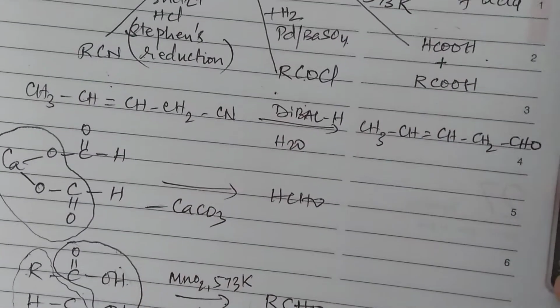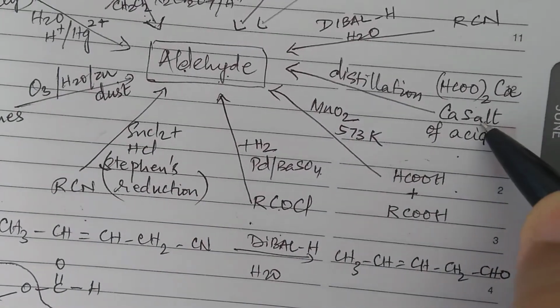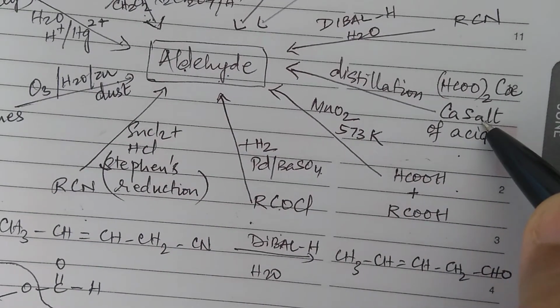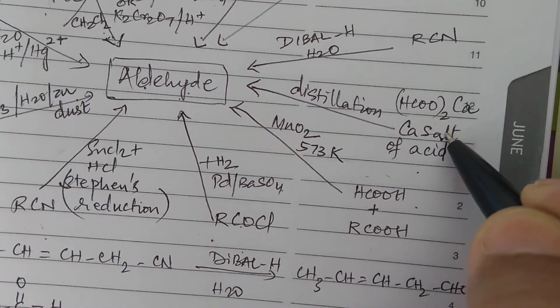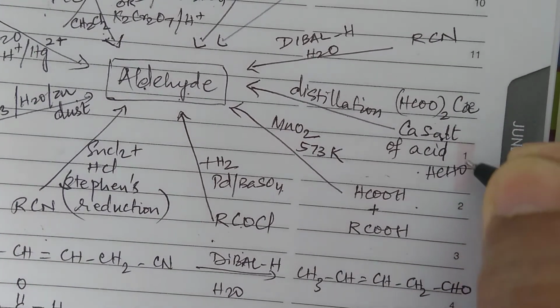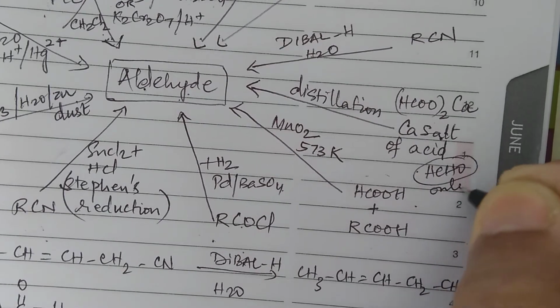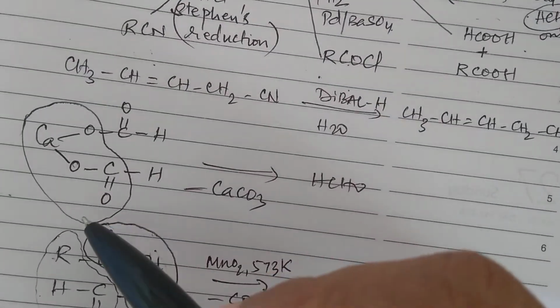That is one way. Then from calcium salt of acid, also on distillation you can get aldehyde. How? Now the limitation here in the case of calcium salt of acid is you can prepare only formaldehyde, no other aldehyde can be prepared. Okay, now what is calcium salt of an acid?